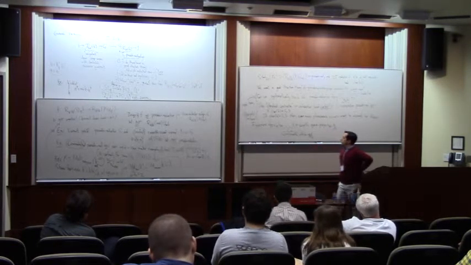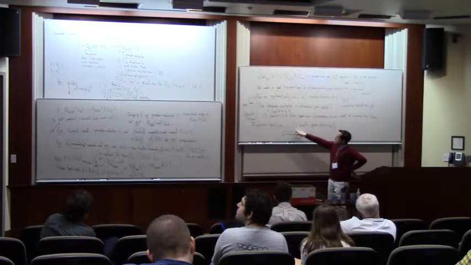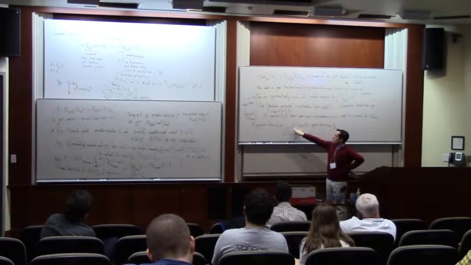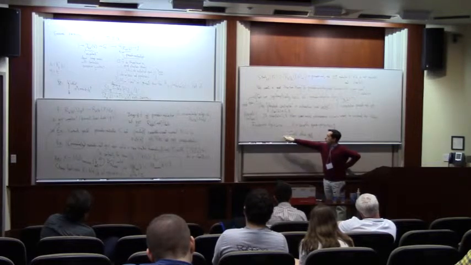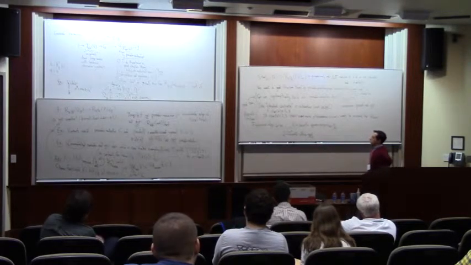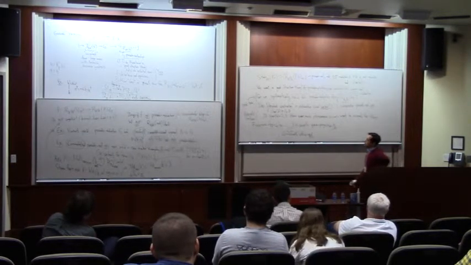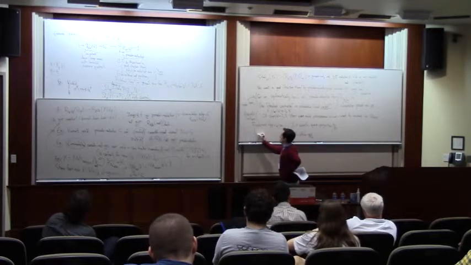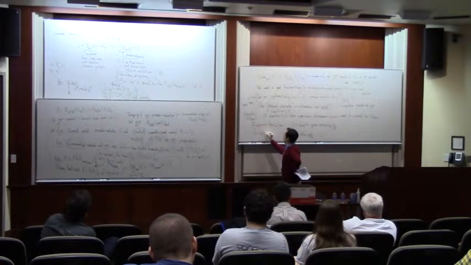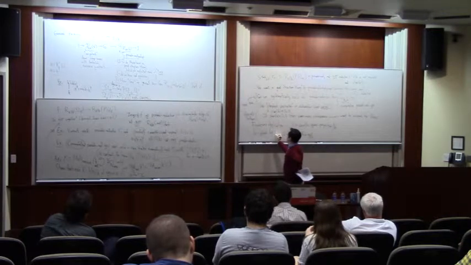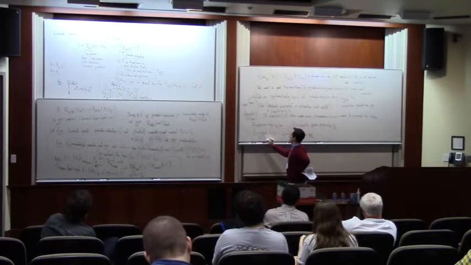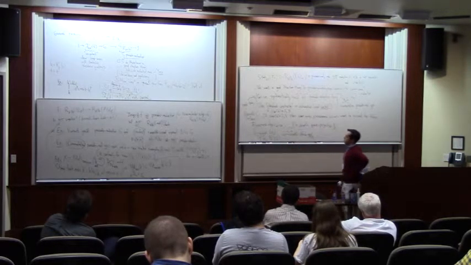Okay? And what you want to ask yourself is, if I give you 2 rational points here, how can I detect when they are in the same orbit under the rational points of the group? So I'm going to take K here to be a global field. It could be, for example, the rational numbers, or maybe a function field over a finite field.